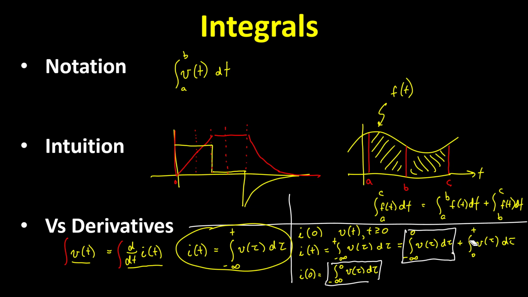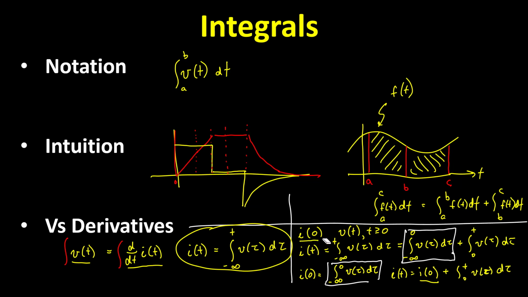So we will rewrite this as I of t, therefore, is equal to I at time 0 plus the integral of v of tau d tau. And the cool part is that we know what v of tau is, we know what voltage is for time greater than 0, and we know what this is.